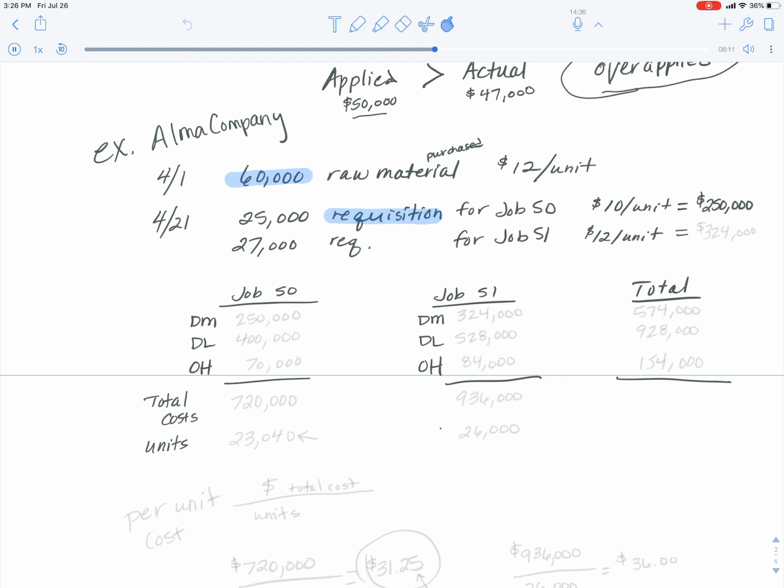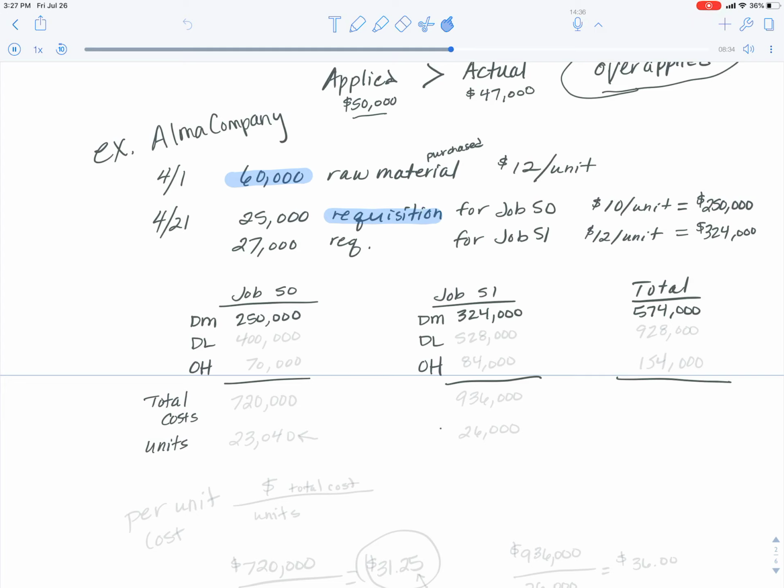That's going to be $324,000 for that direct material. So let's go ahead and put that under each job. And that's a total so far of $574,000 that has been used, direct material used.